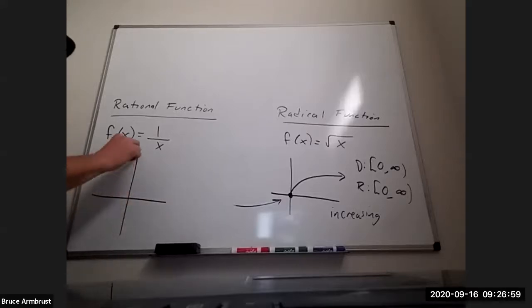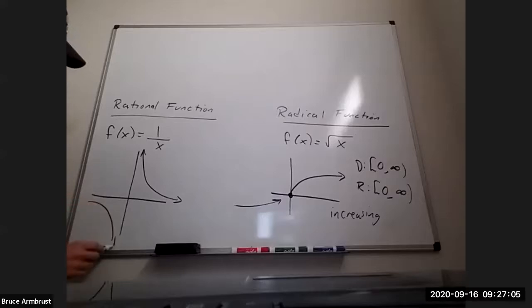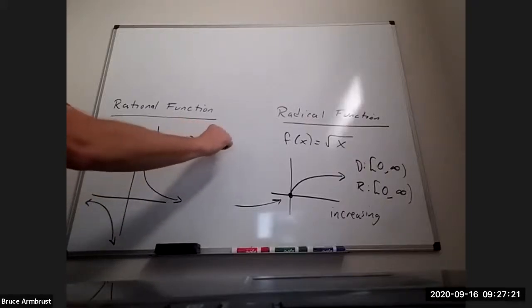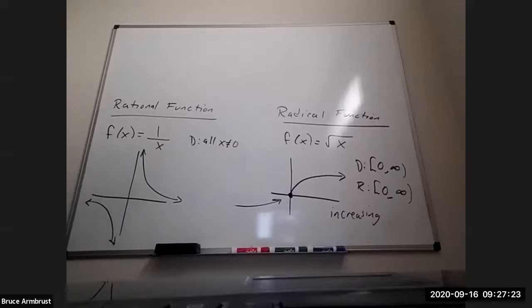And what this one looks like is it's actually a hyperbola. I don't know if you remember hyperbolas, but this is a hyperbola. And its graph looks something like this. In terms of its domain and range, the domain is everything but 0. We can't put in 0. That gives us division by 0, which you know is one of the ultimate sins in math. So the domain is everything but 0.